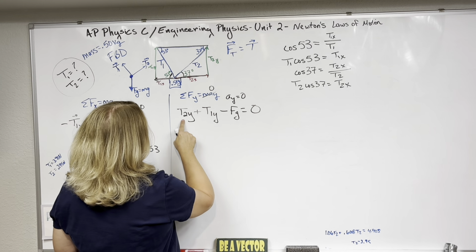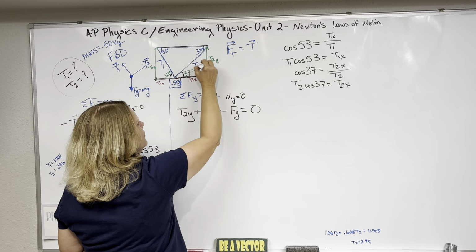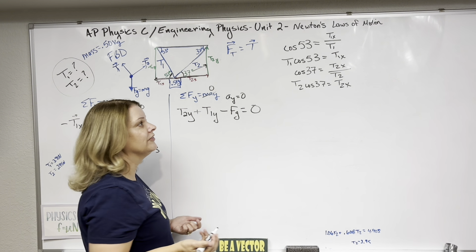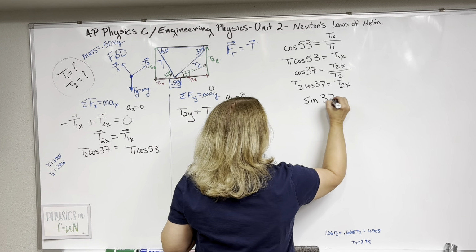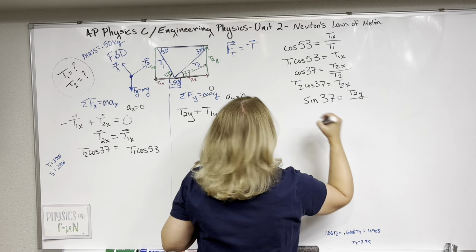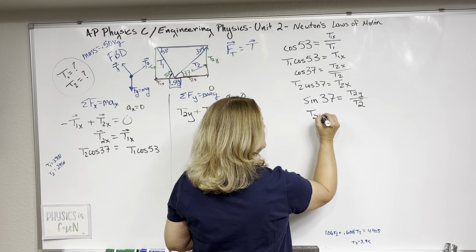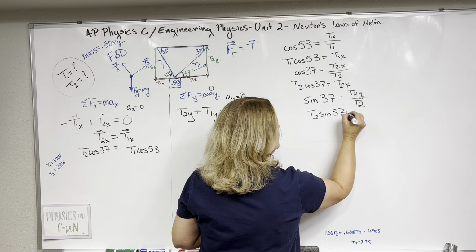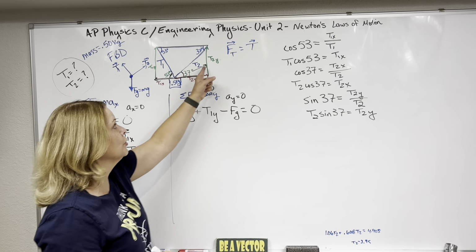So here we go. T2 in the y, that is opposite that angle, so that's sine. So it would be sine of 37 equals my opposite, which is that tension force in the y divided by my total tension 2. Multiply that, and you now have an expression for that tension 2 vertical component.